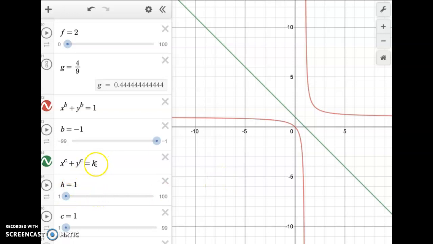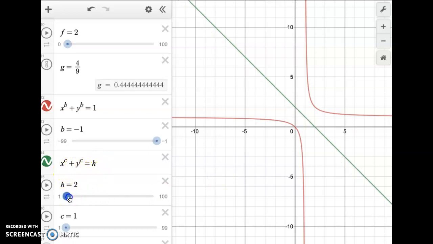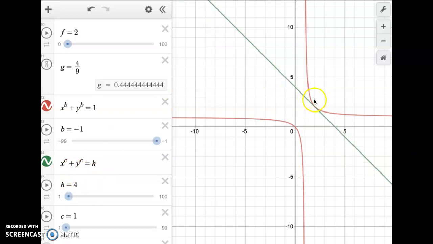So we're increasing this h value, which is what we've set this equation equal to. So as we get bigger, we see that it actually is only going to cross this upper curve that we've created. And again, the 4 and the 1 are related. So we showed previously why that works because of multiplying the reciprocal of 1, which is 1 over 1, and multiplying that by 4.